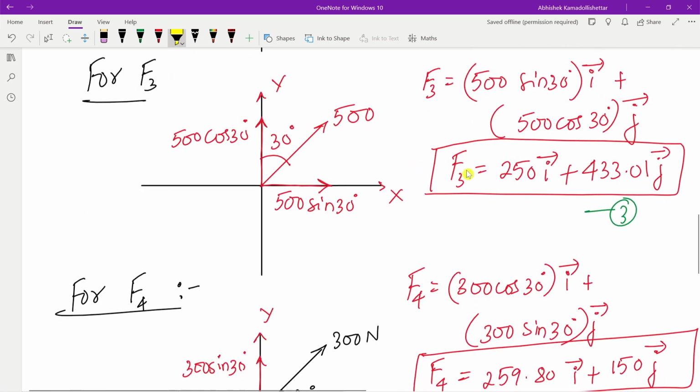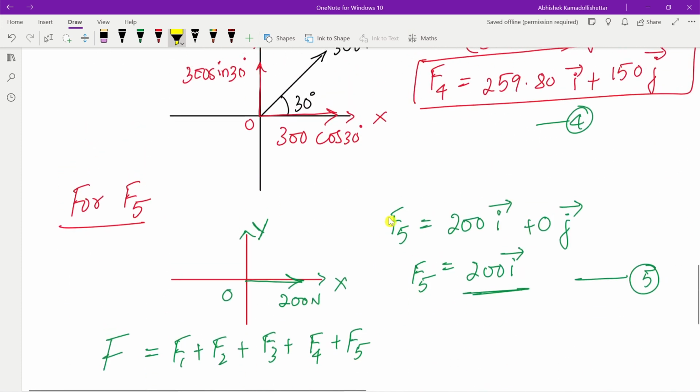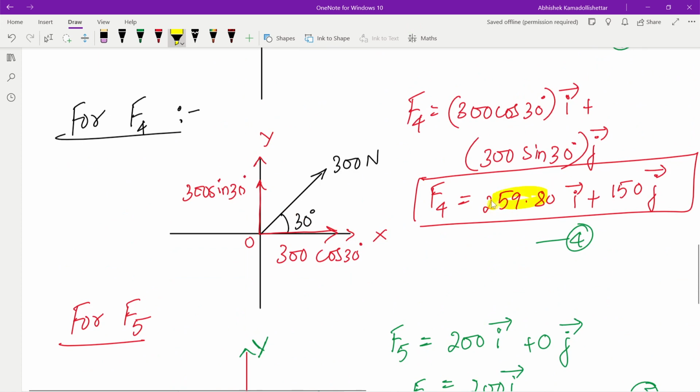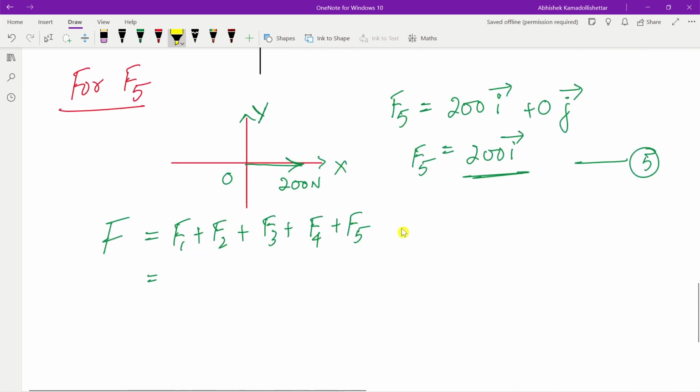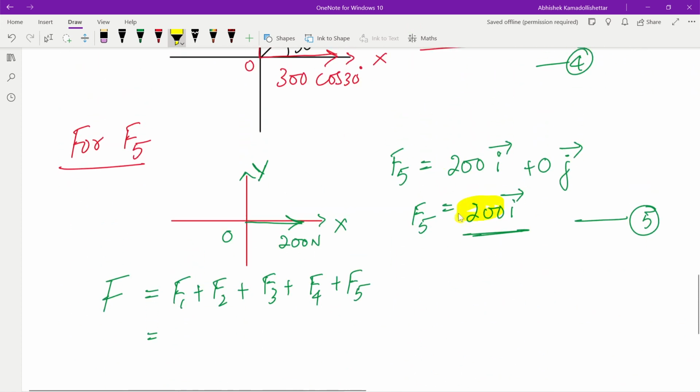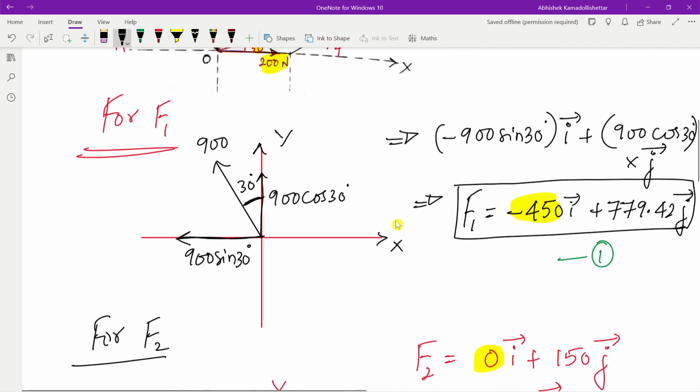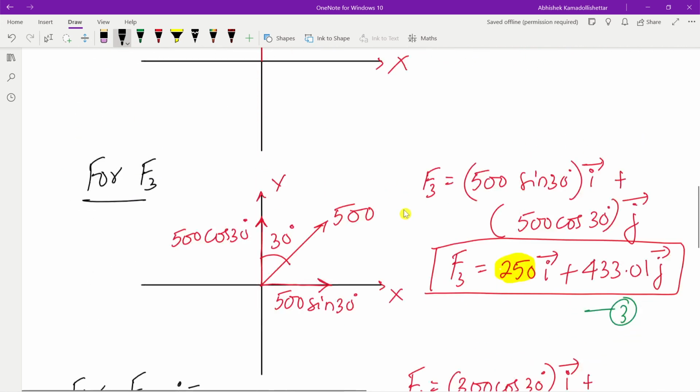Next, the i component of F3 is 250. Next, the i component of force F4 is 259.80. We add the i components separately and the j components separately, so that gives a correct expression.